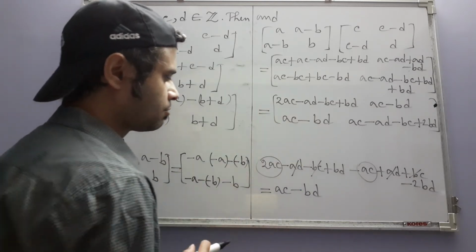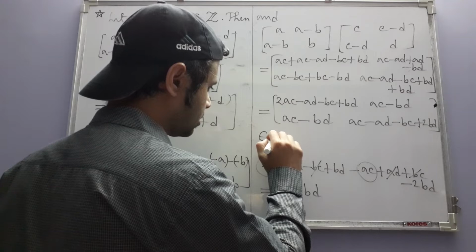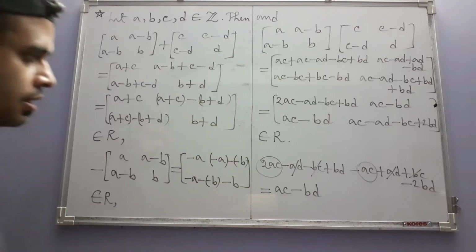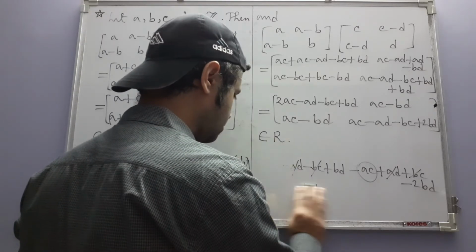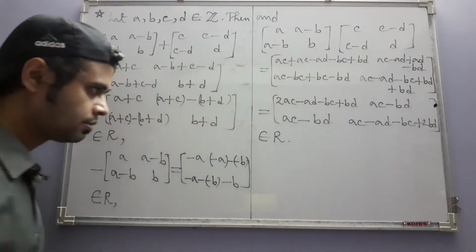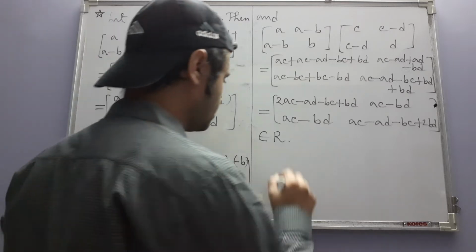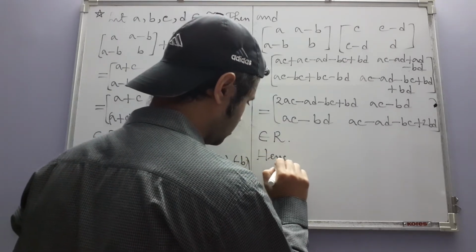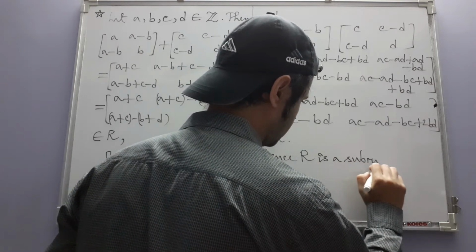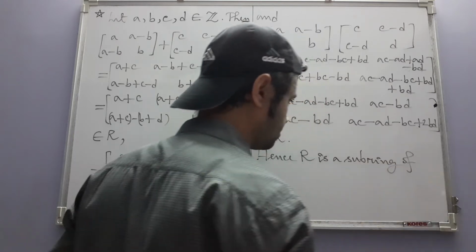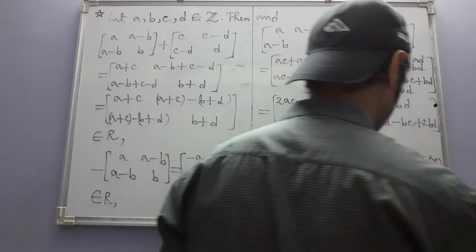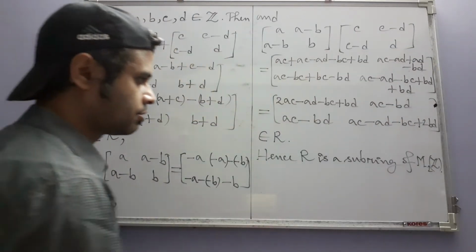So this matrix has the form and hence it belongs to R. So that is why R is a subring of the ring of 2 by 2 matrices over the ring of integers. Hence, this turns out to be a subring.